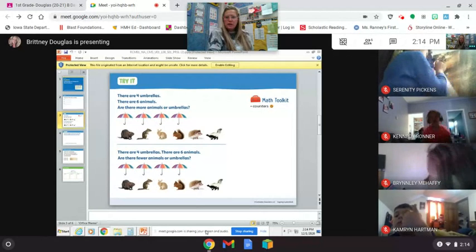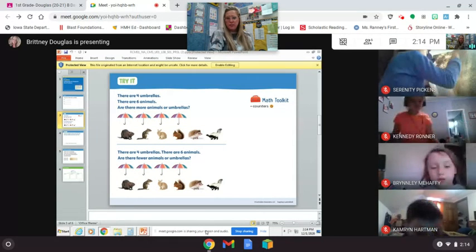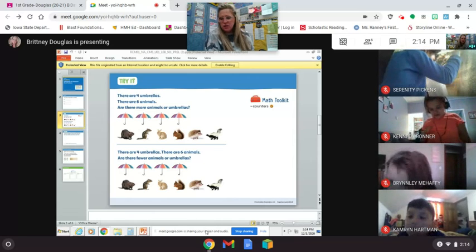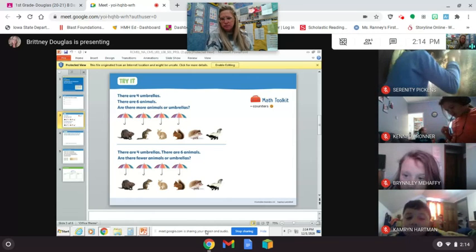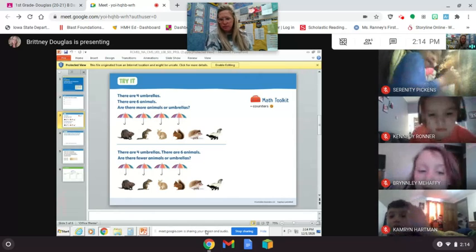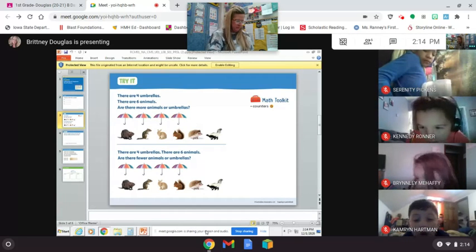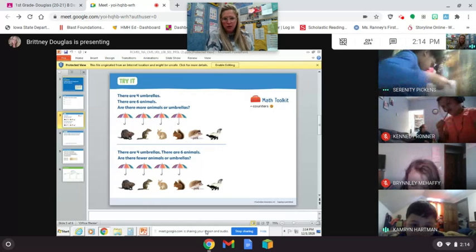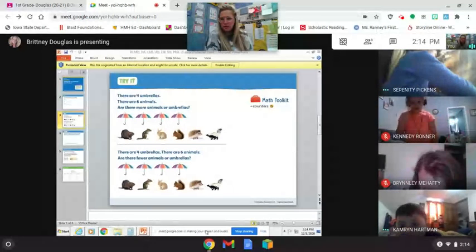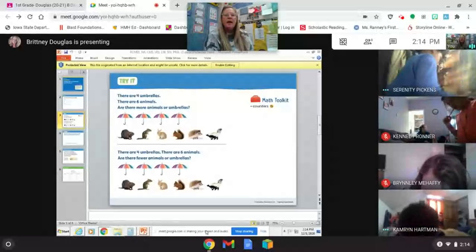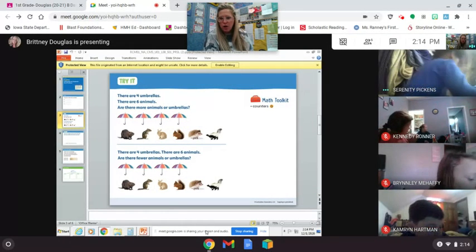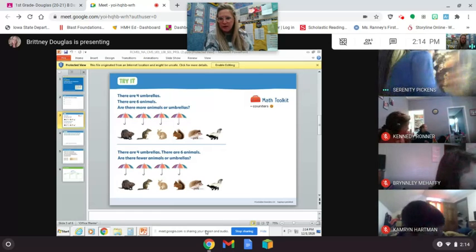All right, so did everybody draw lines from the umbrellas to the animals? Did you run out of umbrellas first or did you run out of animals first, Cameron Hartman? Umbrellas. Okay, so that means there are more animals than there are umbrellas, right? We also can look at the numbers. 4 umbrellas, 6 animals. We know that 6 is a larger number than 4.